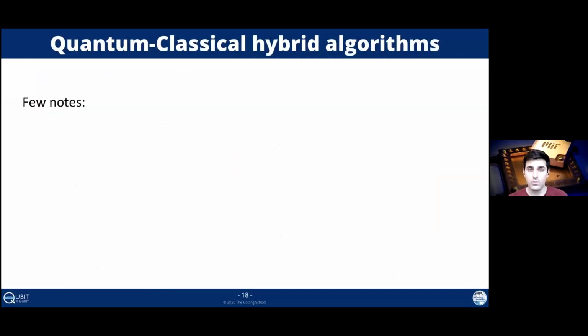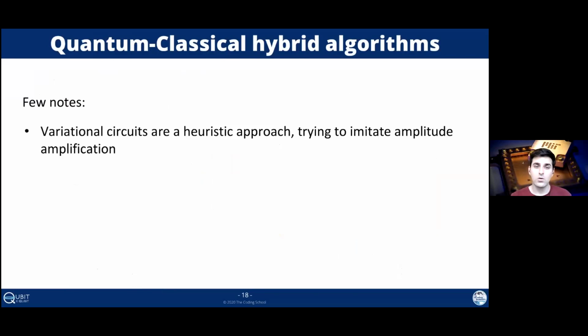So with that, there are a few notes that I want to make about these quantum classical hybrid algorithms or variational algorithms. These variational circuits are a heuristic approach that try to imitate amplitude amplification, or in general the techniques that we know from the famous quantum algorithms. And here heuristic means that we don't have a guaranteed runtime for them, but we think, and also we can demonstrate for some of them using numerics, that they actually do run faster than classical algorithms.